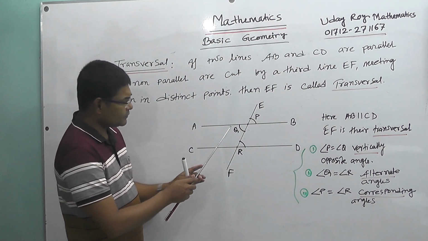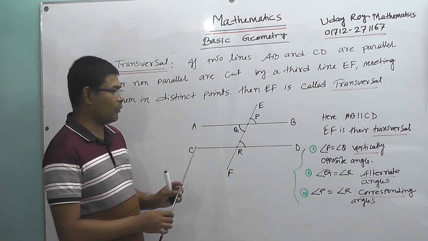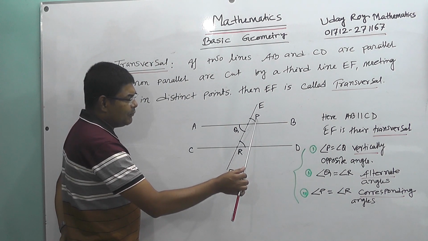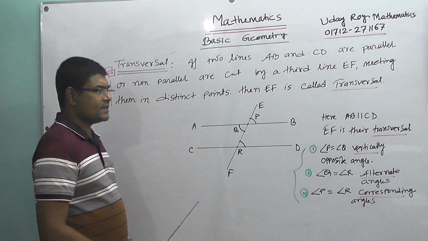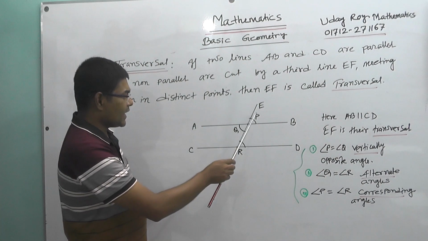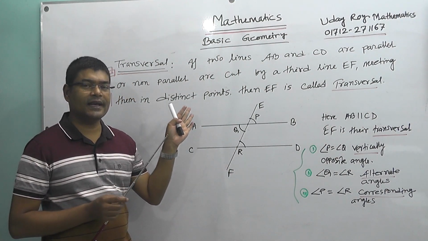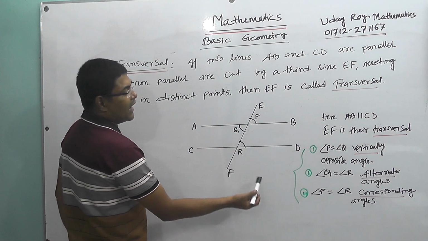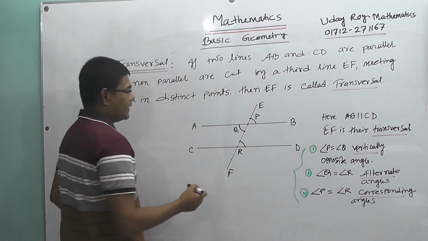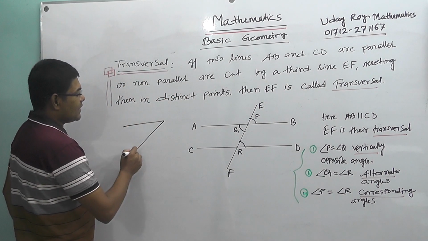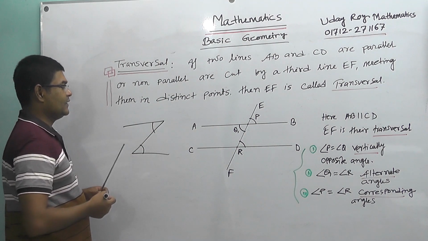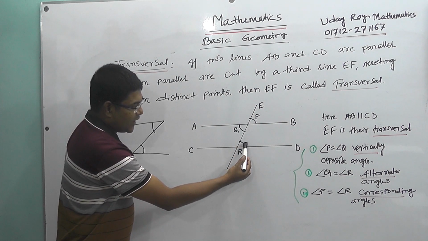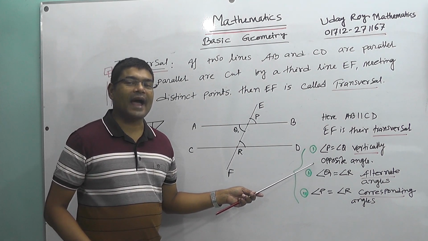You can see this is a point, this is an angle and this is another angle. Angle P equals angle Q. This is the vertically opposite angle. And you can see angle Q equals angle R. These are the alternate angles.